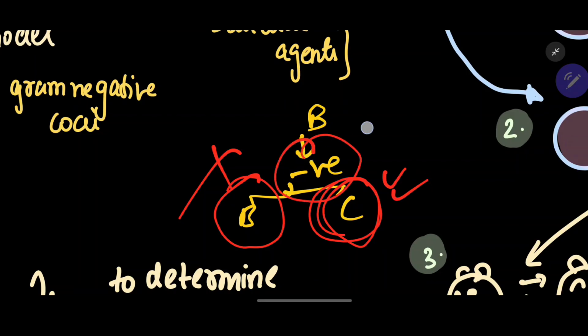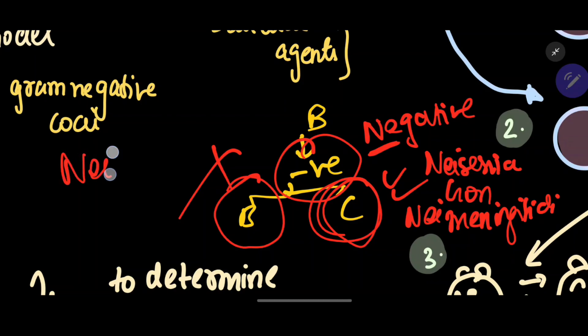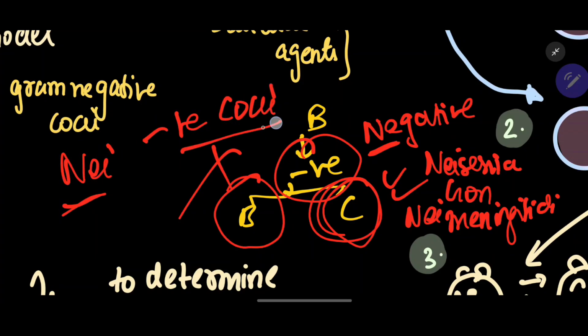See, they're negative, right? Negative. So they start with an NE, which is Neisseria gonorrhoeae, and again Neisseria meningitidis. So whenever you see Neisseria, it's gram negative and it's a cocci.